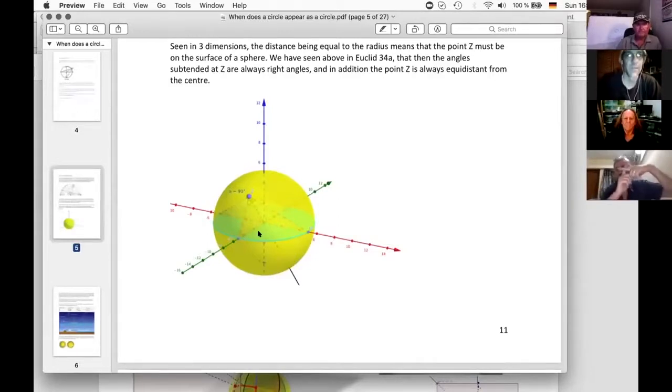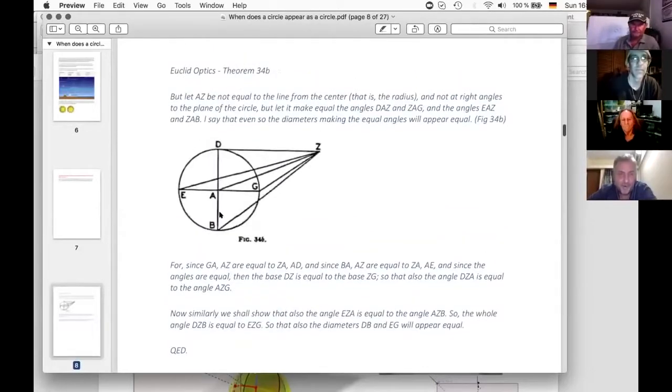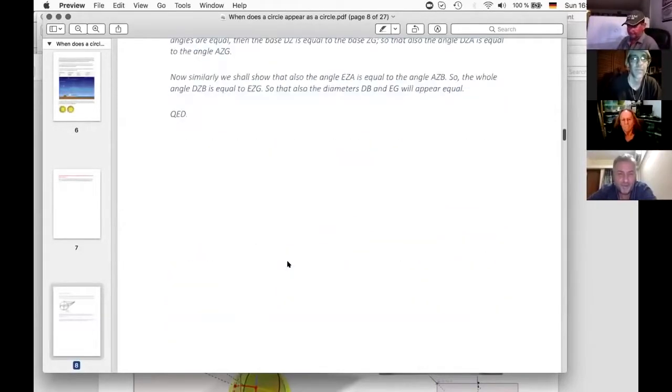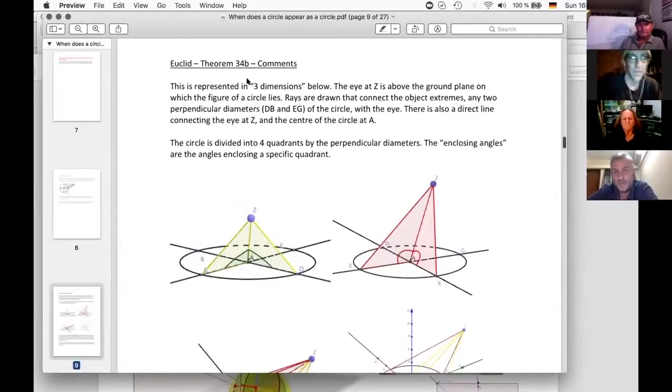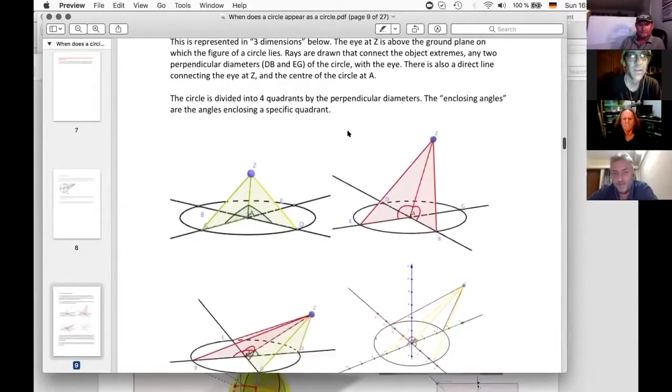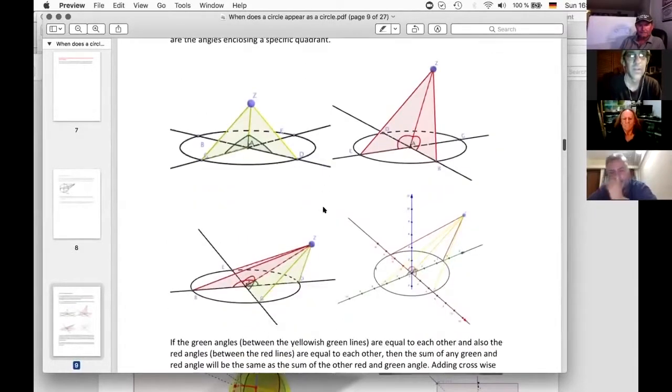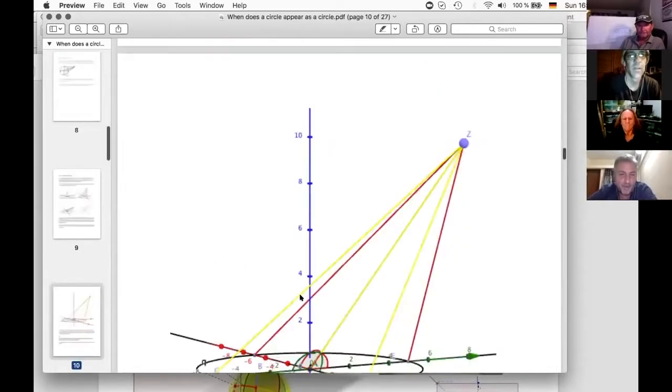The way you know something is a circle is if two diameters are of equal proportion, in a one-to-one relationship. A condition where a circle always appears as a circle is when the enclosing angles are the same. This is Euclid again. I've just modernized it, so it's not coming from me, but what this guy was saying is that as long as the enclosing angles are the same, then it also looks like a circle.